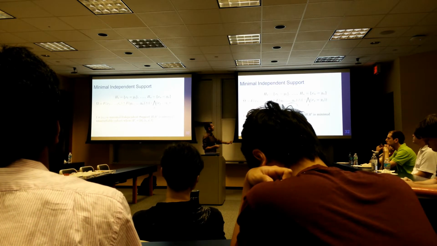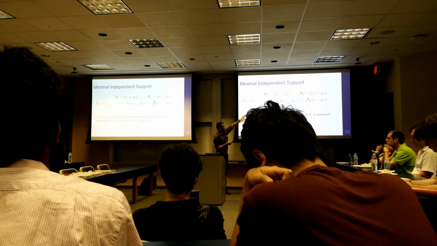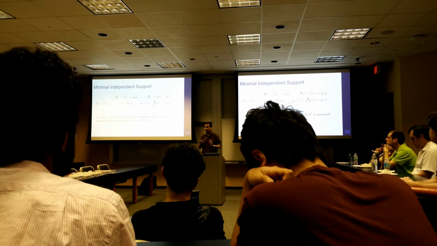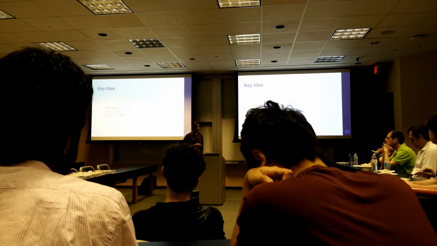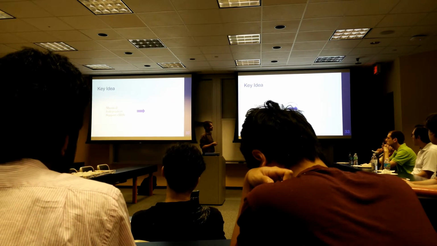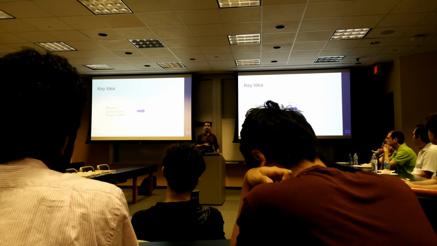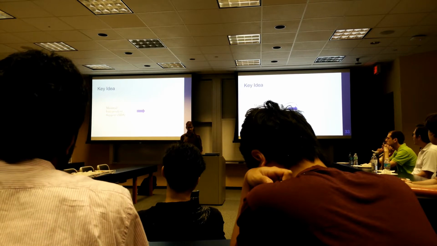So now, as you can see, I have almost matched all the notations. So it's not surprising that the problem of minimal independent support can be reduced to finding a minimal unsatisfiable subset.